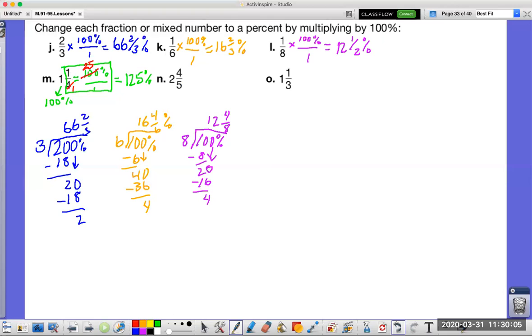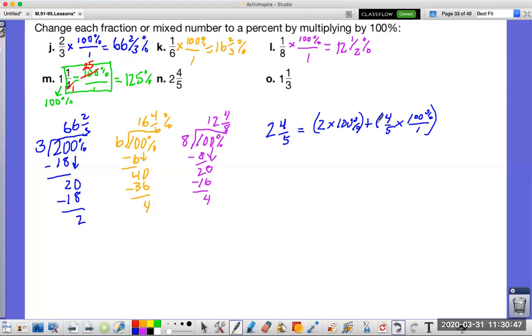I'm going to do the same with letter N here, 2 4/5. Let me break it down over here for you guys. 2 4/5. That's the same as 2 times 100% plus this 4/5 times 100%. Okay, so if I broke it down, this piece is here and this fraction piece is here. So the whole number and then the fraction part is here.